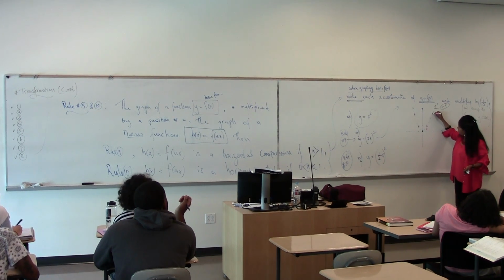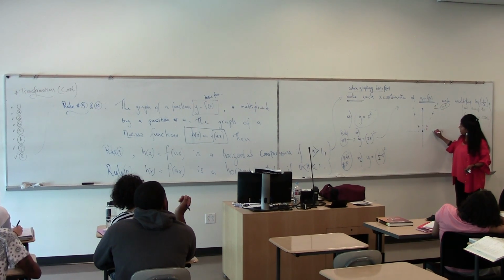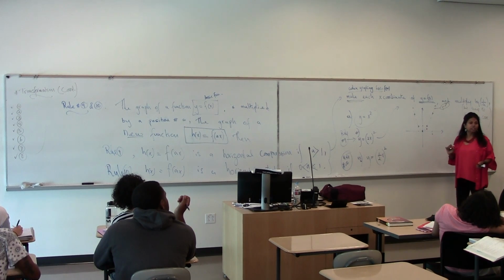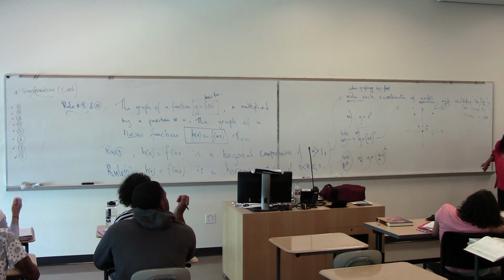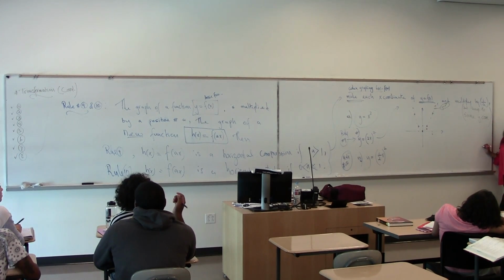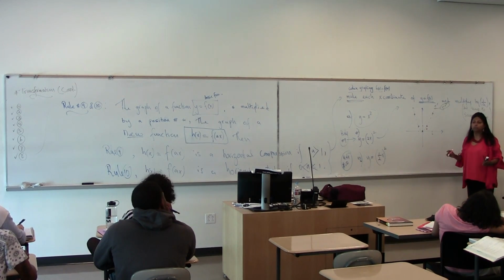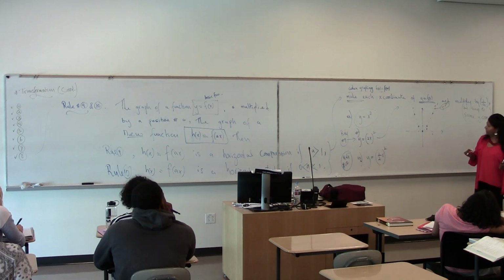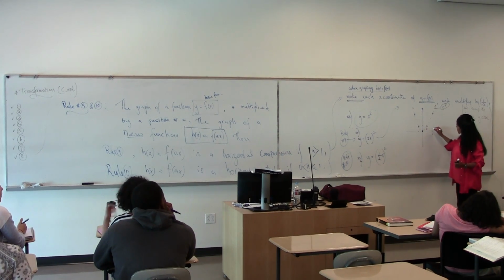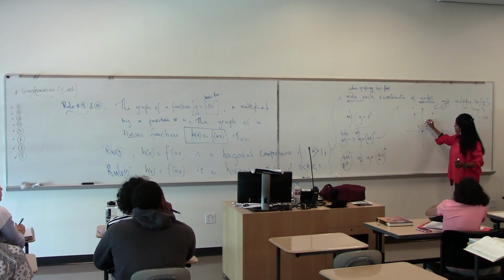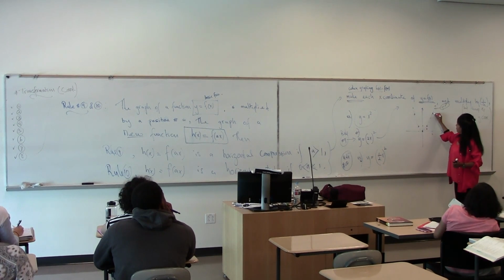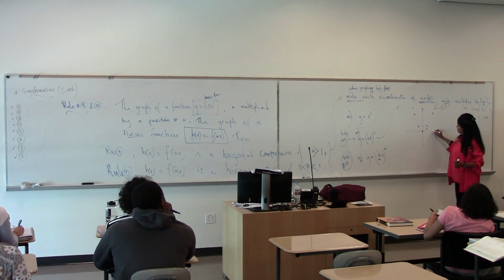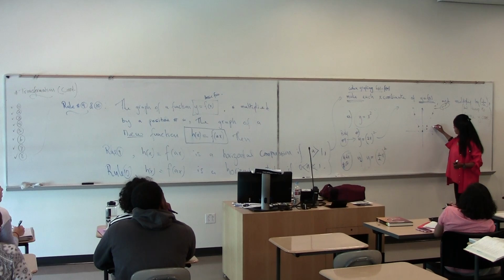What is the x coordinate here? 2. What do you need to do to 2? Take 2 multiplied by 1/2. What do you get? 1. So 2 multiplied by 1/2 is 1.